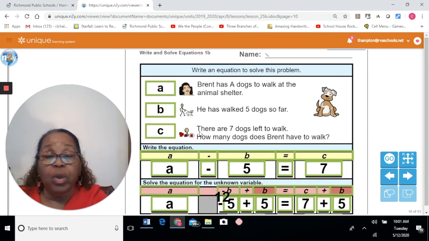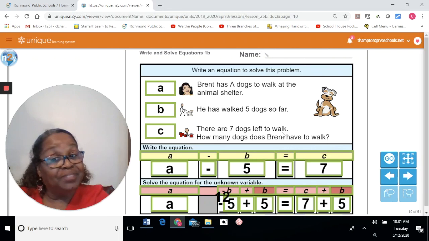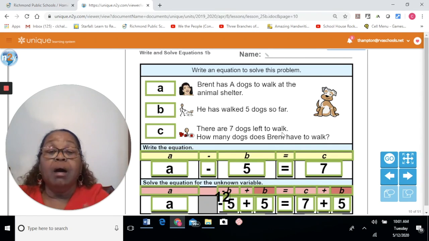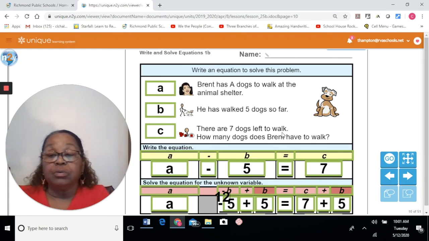In the question, make sure that you're looking for those keywords. If something is left, you know that's a difference, you know that's subtraction. If it says all together, you know that that's addition. Excellent. How many more than? That means also subtraction. If you keep those things in mind, you'll be just fine.